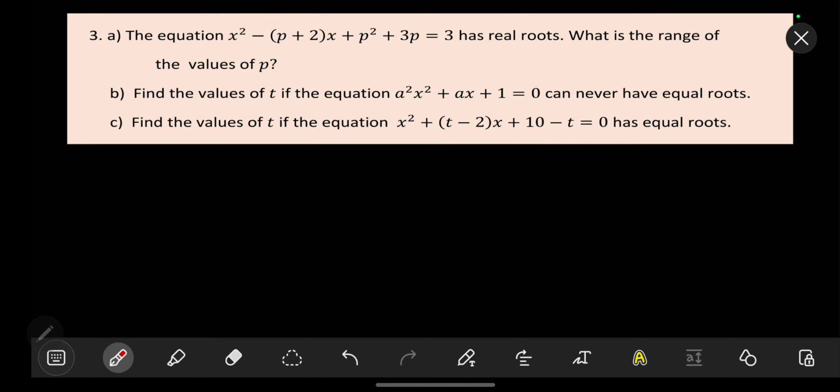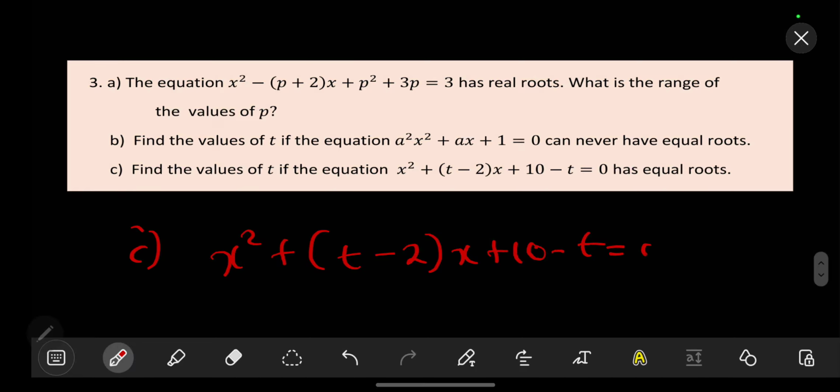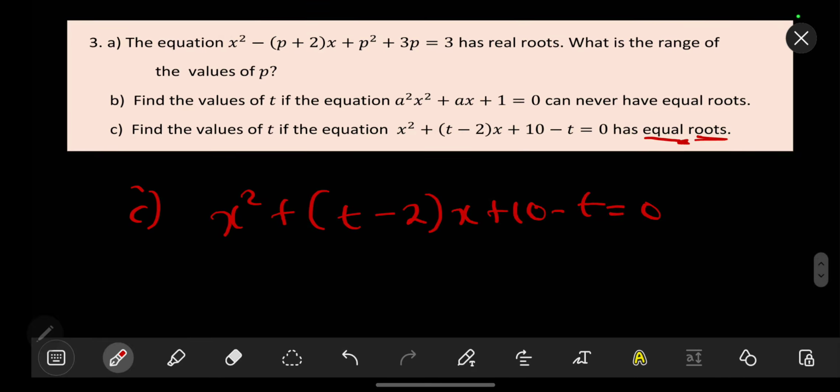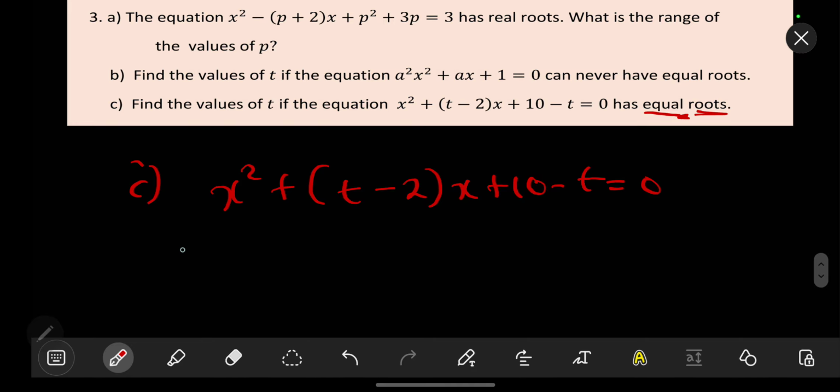So if we have our c, which is saying that x squared plus our t minus 2 x plus 10 minus our t should be equal to 0, has equal roots. So they have given us that it has equal roots. So we are going to first simplify.